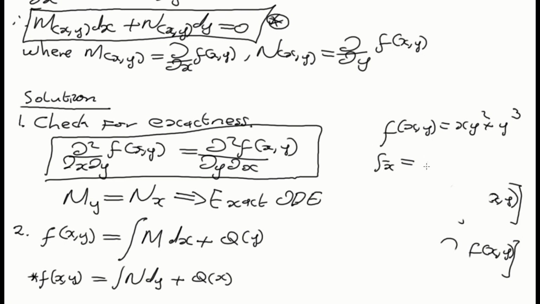So with respect to x, it will be y squared plus 0, right? So see, we have nothing. Then the partial derivative with respect to y will be 2xy plus 3y squared, right? So this is what we'll get. And these two partial derivatives are what you have.